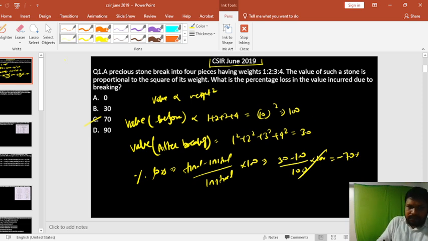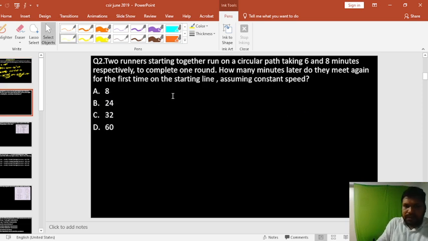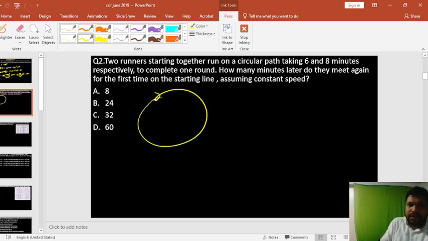Okay, next question. Two runners start together to run on a circular path, taking 6 and 8 minutes respectively to complete the route. Let's say there are A and B. B is taking 8 minutes and A is taking 6 minutes.